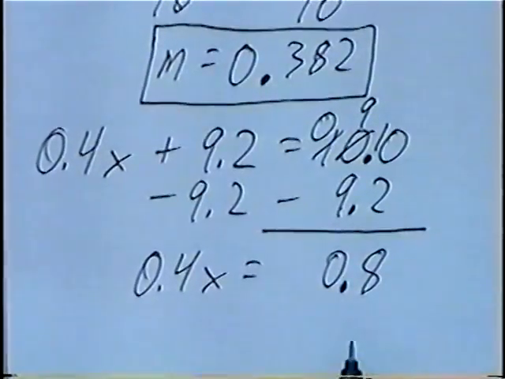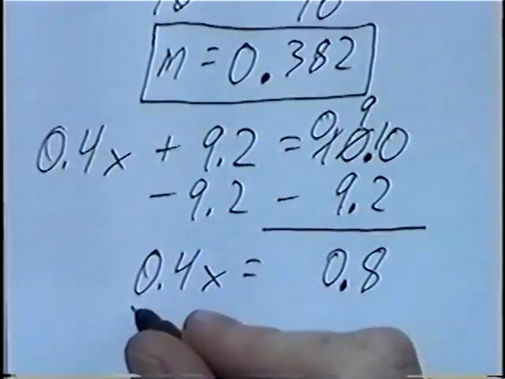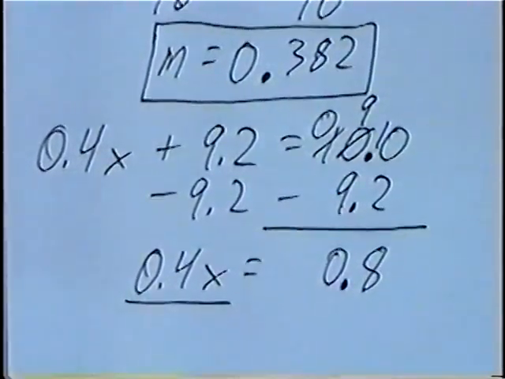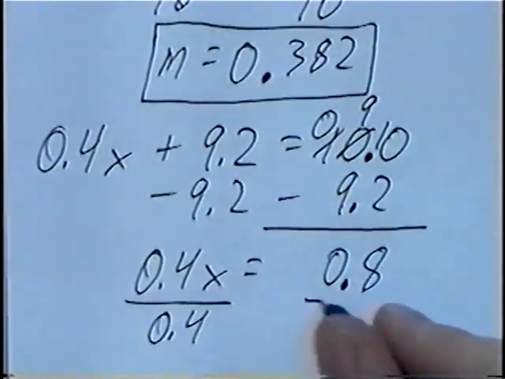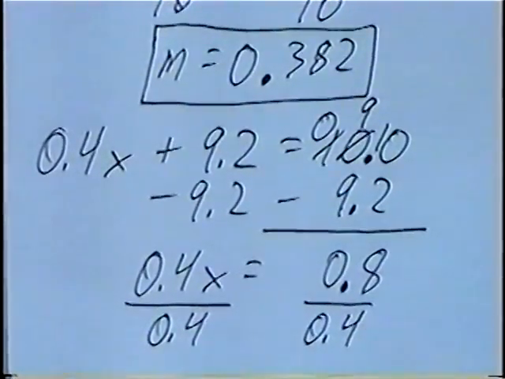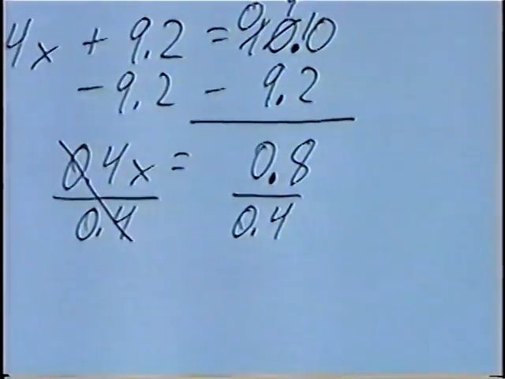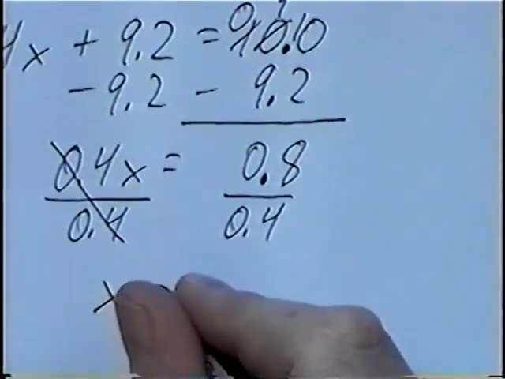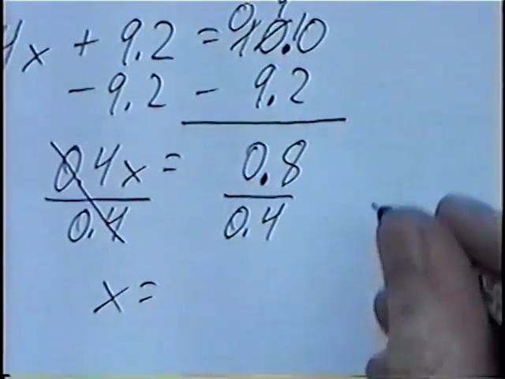0.4 times x equals 0.8. To get rid of a decimal that we're multiplying by, 0.4, we can divide by 0.4. 0.4s would cancel. X equals, we'll divide the two decimals, 0.8 and 0.4.